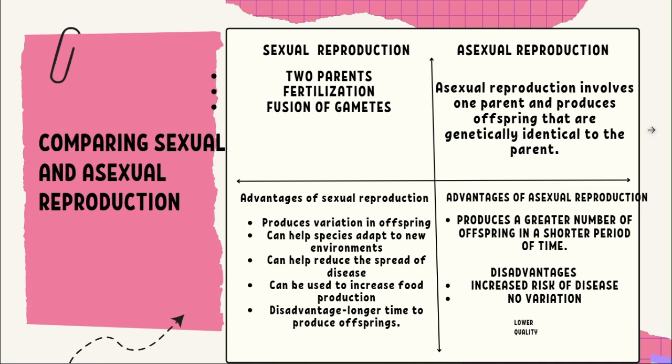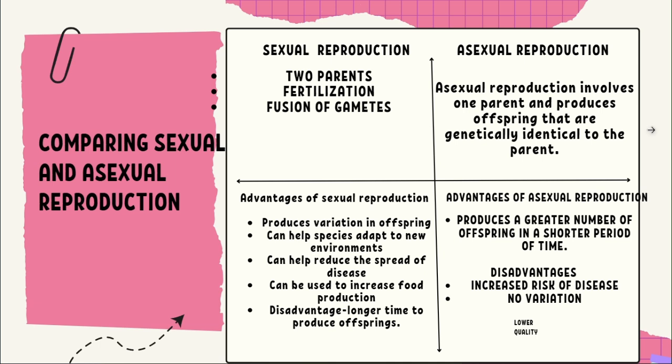So that disadvantage of asexual reproduction is actually an advantage of sexual reproduction. In sexual reproduction, they produce offspring that have variation. And you might wonder, why does it even matter if there is variation or not?